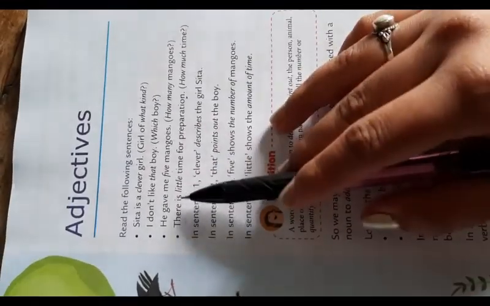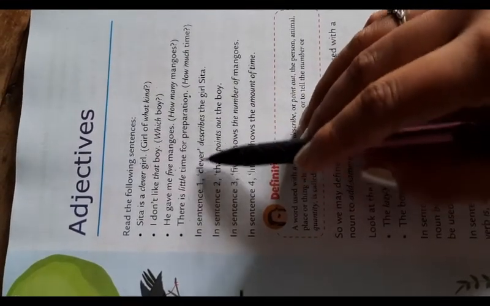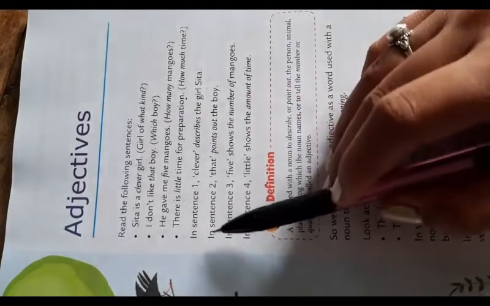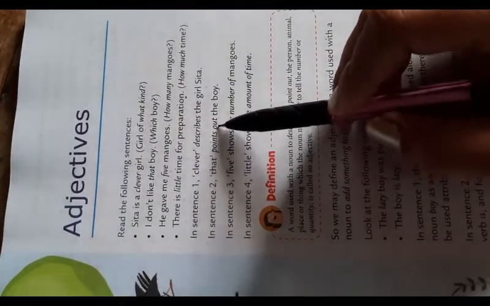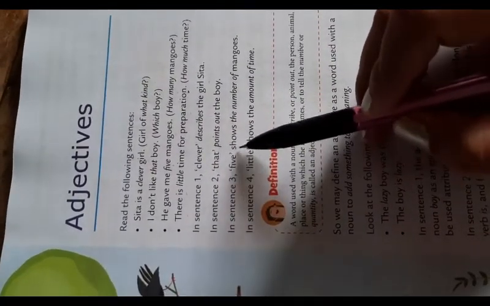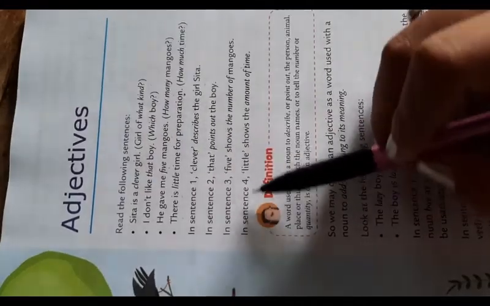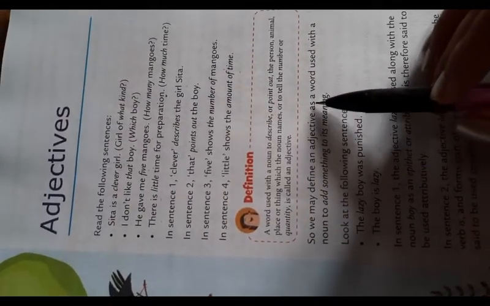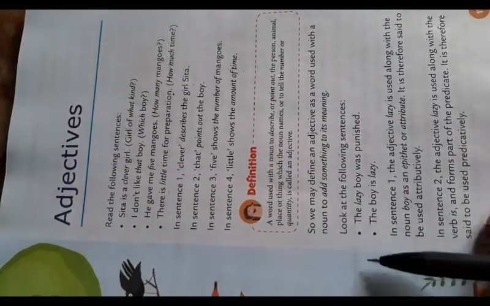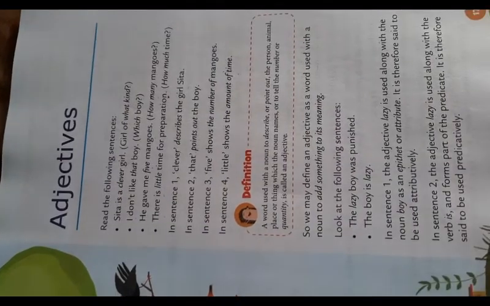How much time? Little. In the first sentence, clever describes the girl Sita. Second sentence, that points out the boy. Third sentence, 5 shows the number of mangoes, and fourth, little shows the amount of time. So, we may define an adjective as a word used with the noun to add something to its meaning.